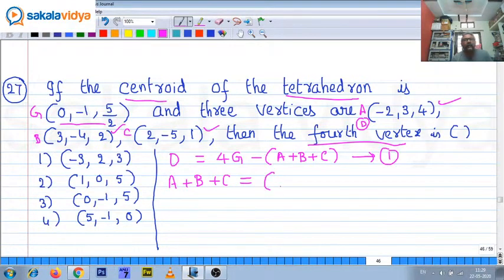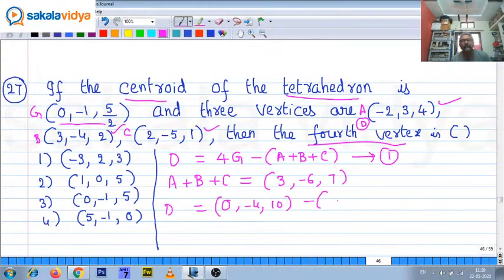What do you get now? -2 plus 3, -2 plus 2 cancel, 3, -5, -4, -9, -6. Next 3 plus 4, 7. Now 4G: 0, -4, 4 into 5/2, 10.